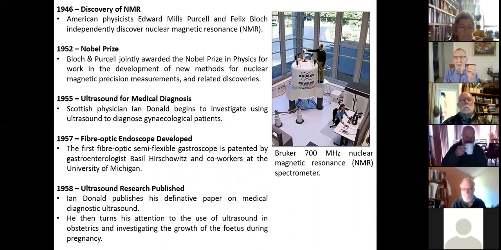And this was a bit of a buzz around the medical diagnostic fraternity, because it was new, it was exciting. What did it mean? And in this photo here, this is actually a nuclear magnetic resonance spectrometer. So it's quite a bulky piece of equipment in real terms, and maybe not necessarily the kind of thing you'd like to have in your living room. But anyway, there it is.